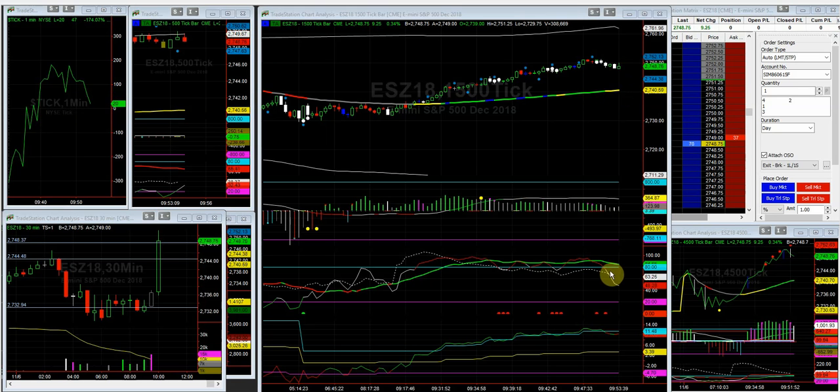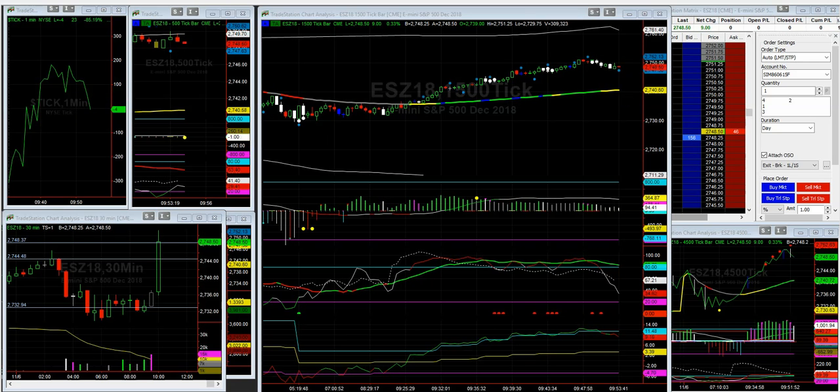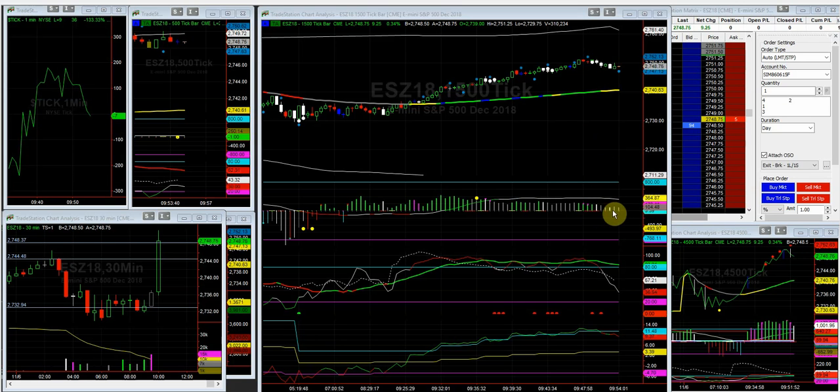But again, the idea is you want to keep reading these different components of the trading system and see if your reading of them is consistent with the price action, so that you are able to, to a high degree, be fairly predictive of what's going to happen to price.